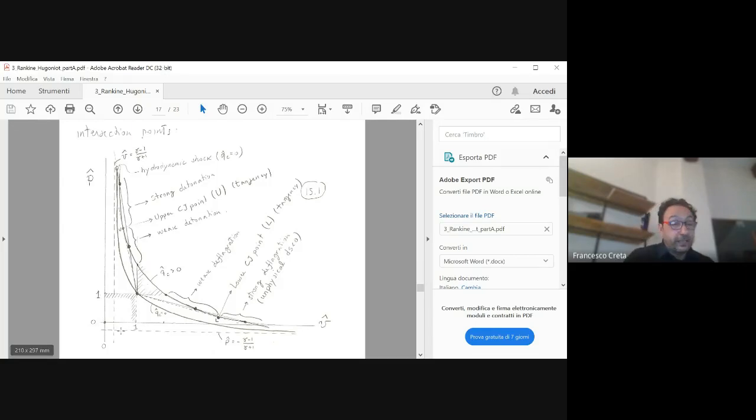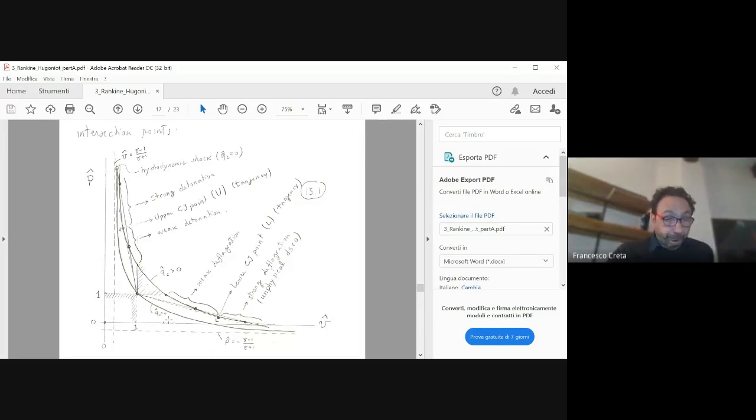So this is clearly the forbidden zone here and here, okay? So let's start from QC equals 0. So this is essentially what you have with a classical hydrodynamic shock. So absolutely no chemical reaction, okay?